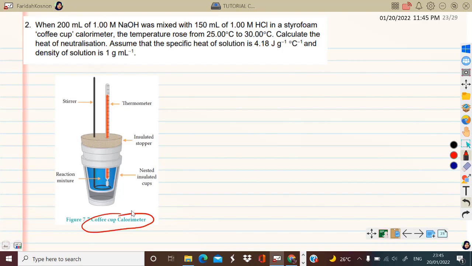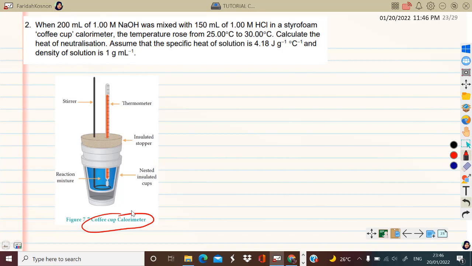Jadi, kalau you baca betul-betul soalan ni, soalan ni dah tak cakap pasal combustion. Soalan ni bagi tahu problem berkenaan neutralization, heat of neutralization.